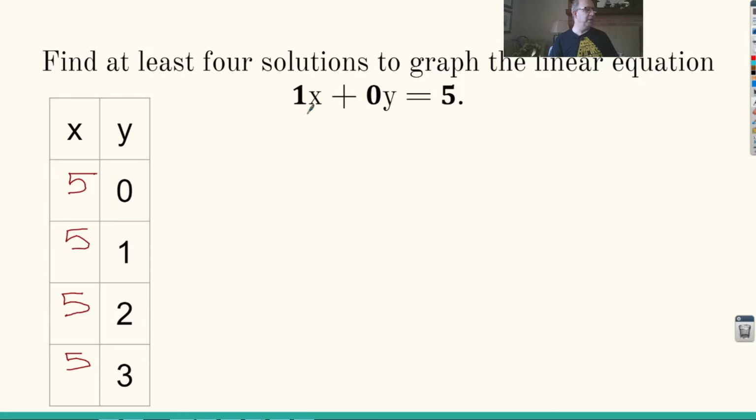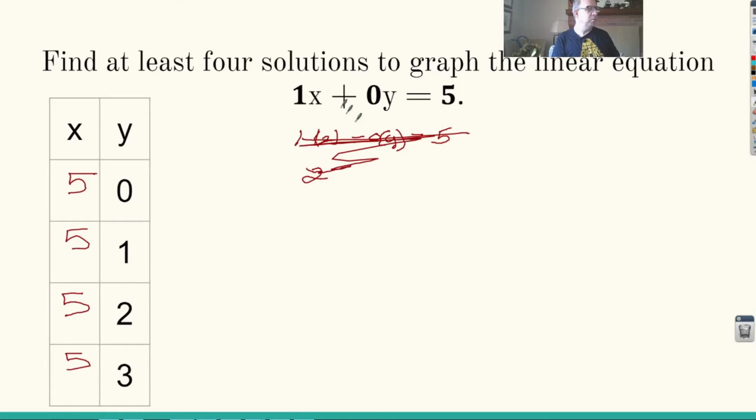If I put in anything besides a 5 for x, let's put in a 2. Let me do this again from the beginning.